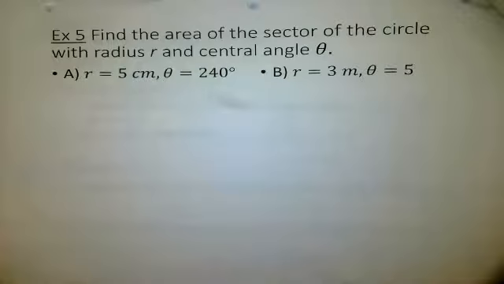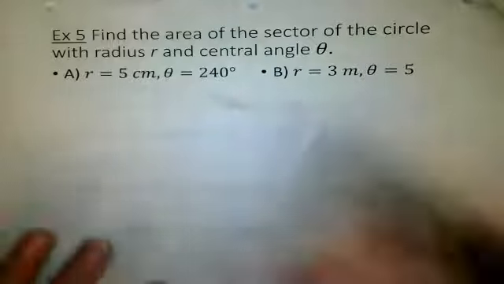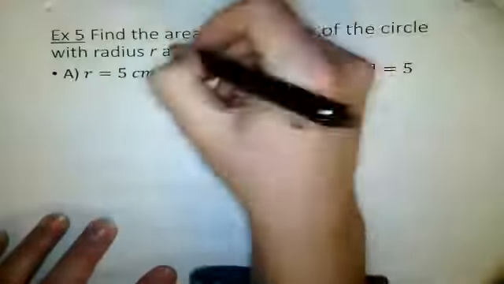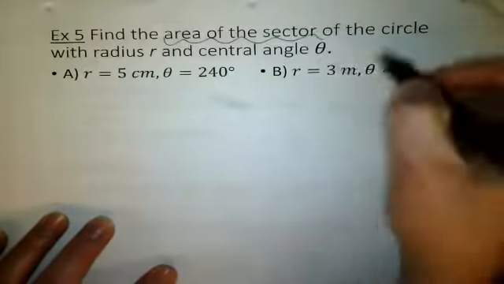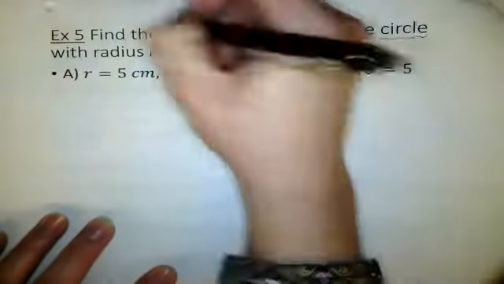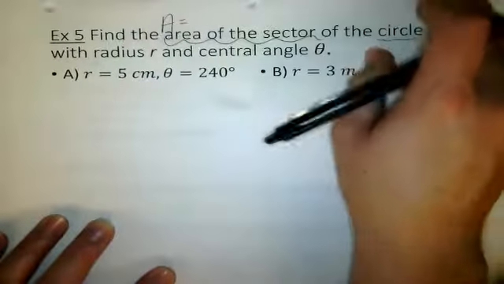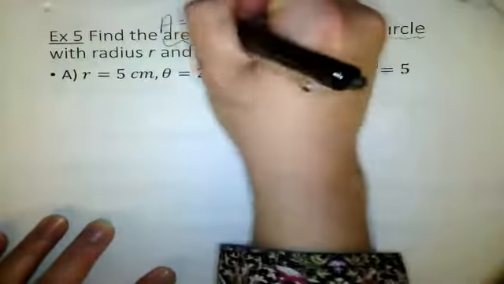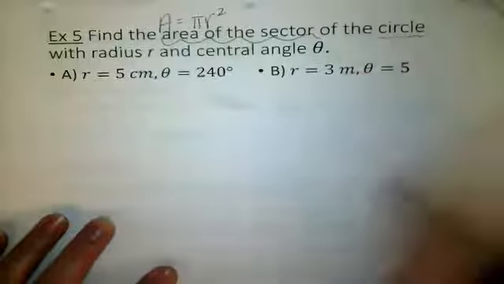Example 5, find the area of the sector. Tell me about the area of a circle. Area of a circle is? Pi r squared. Okay, area of a circle, pi r squared.